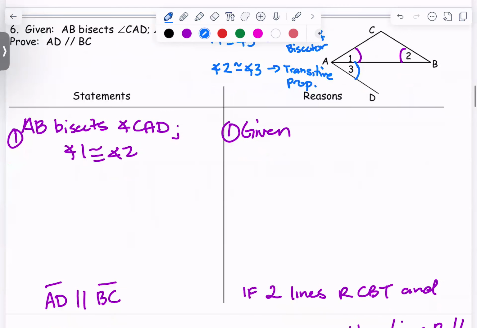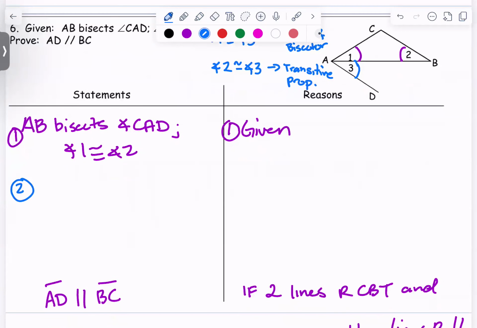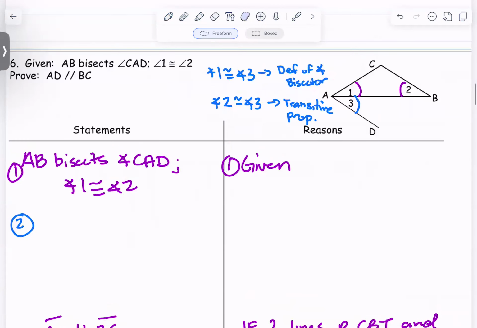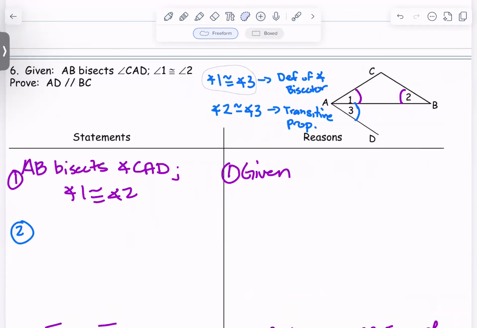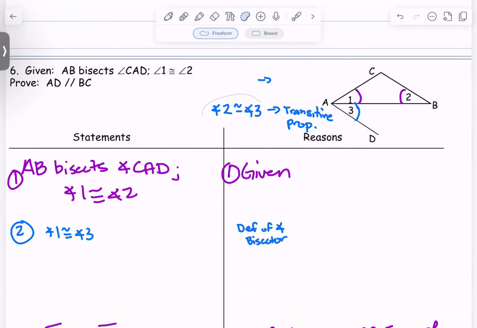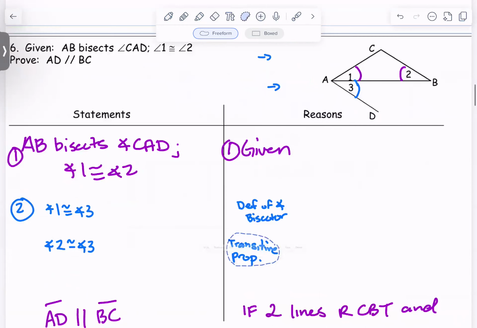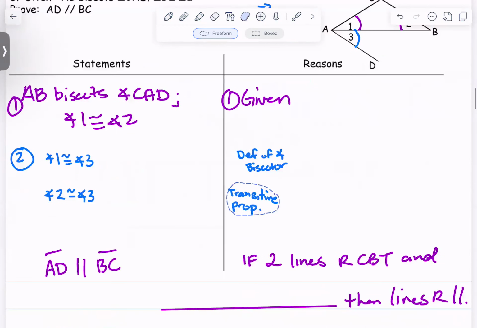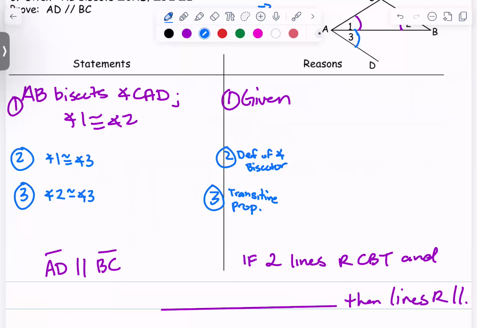So my second step, I'm just going to cut and paste, is this guy here, with this as my reason. My third step is this, with this as my reason. And then step 4 is here.